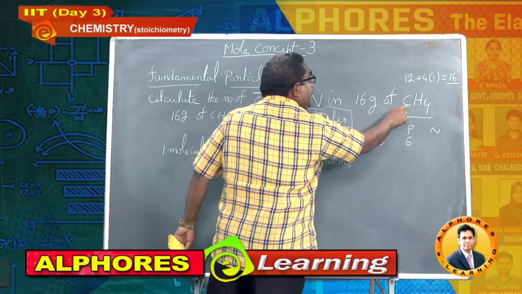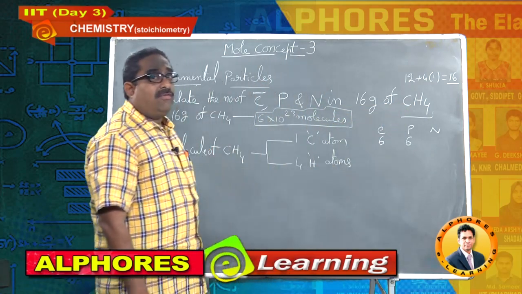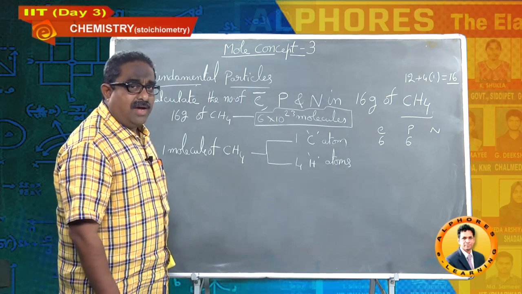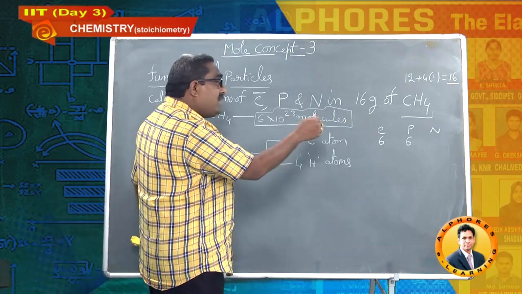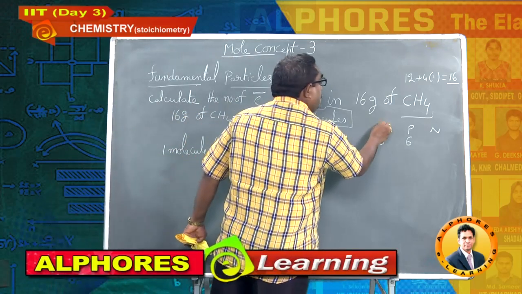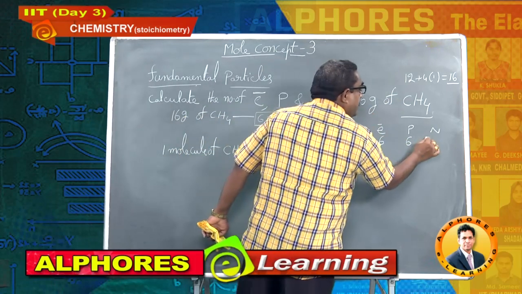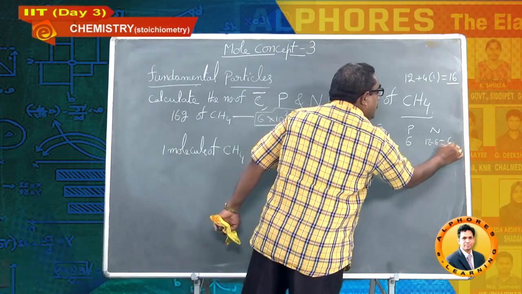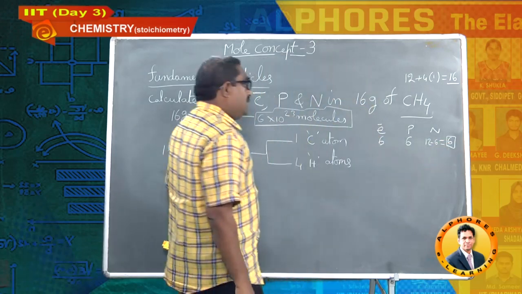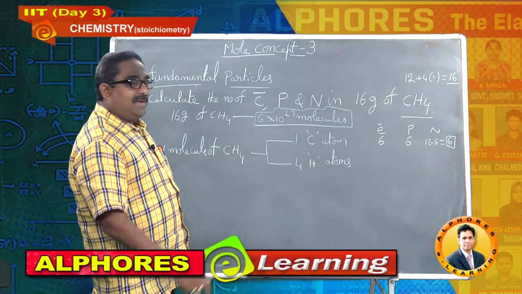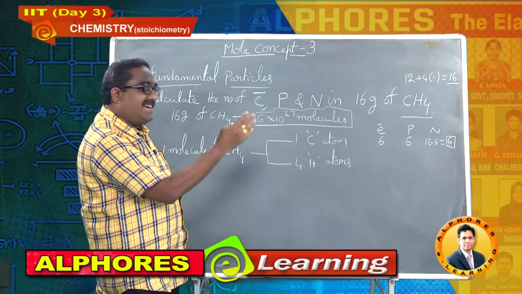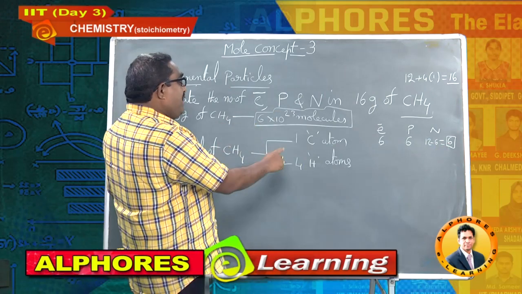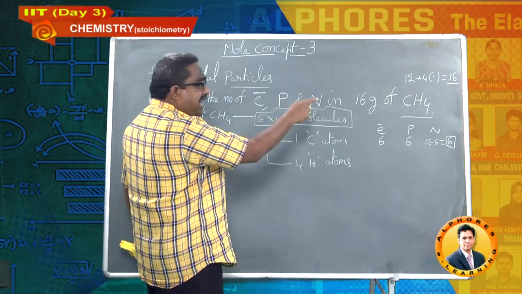But in the question nothing is mentioned. By default you should take it as C12 because that is the standard one. So, 12 minus 6 is equal to 6 is the number of neutrons. So, all the 3 are the same for carbon, 6 electrons, 6 protons and 6 neutrons. Coming to hydrogen, it is normal hydrogen.